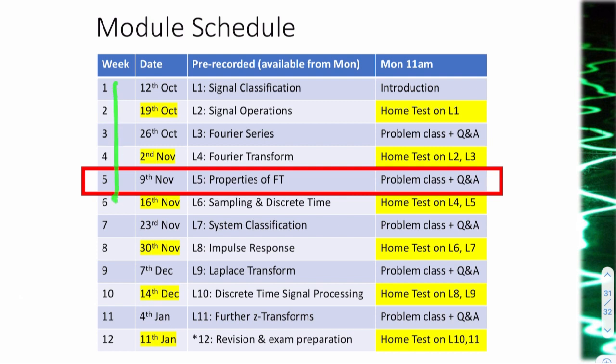From lecture 1 to lecture 6, we were looking at signals. So just remember that there's one more test. The next test, test 3, will look at lectures 4 and 5, and that's scheduled for the 16th of November. Then the following test will be the 30th of November, and that'll look at lectures 6 and 7.